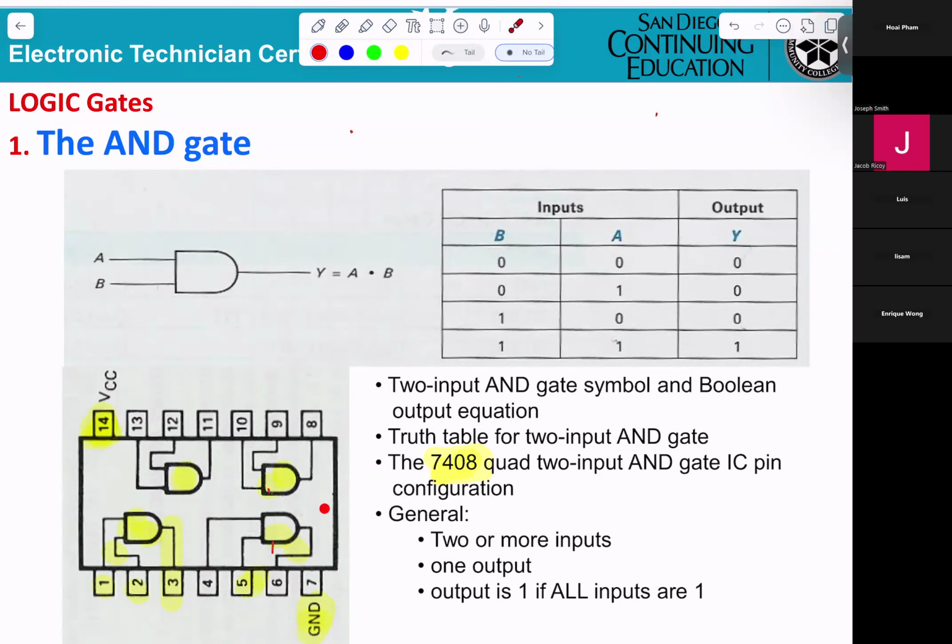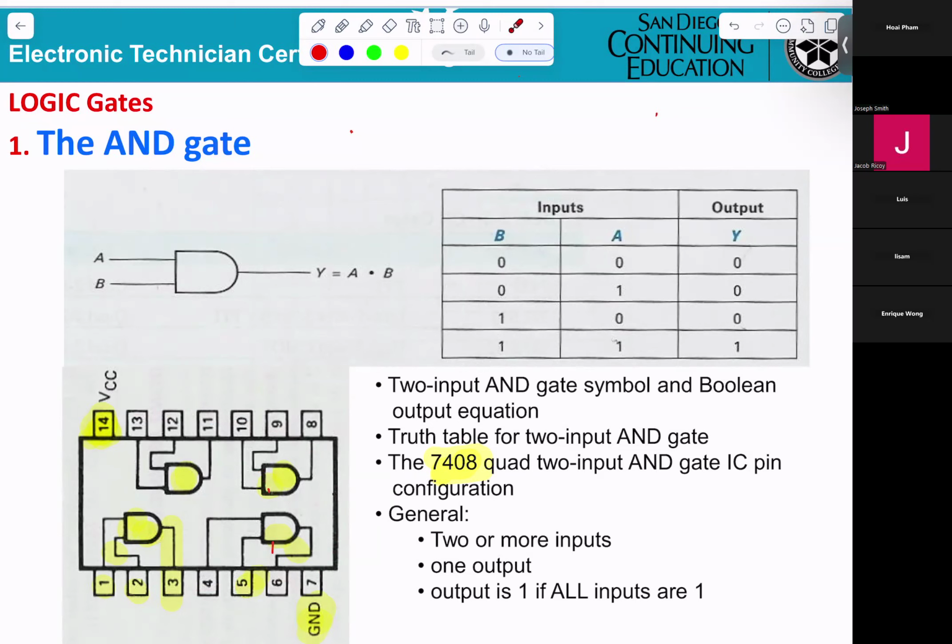This is the IC. In the IC, how many pins do they have? 1 up to 14. Inside, they have 4 AND gates. This is the gate. 1, 2, 3, 4.